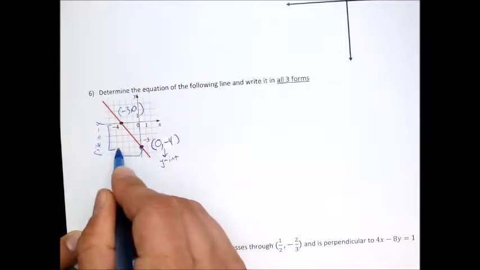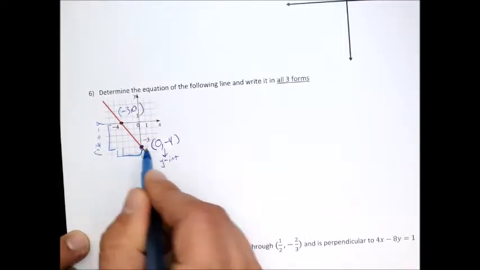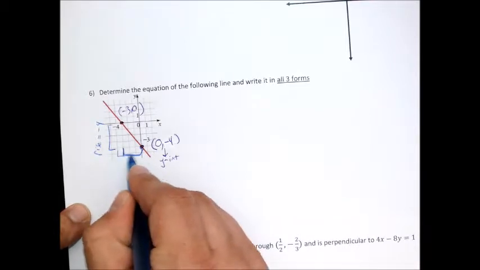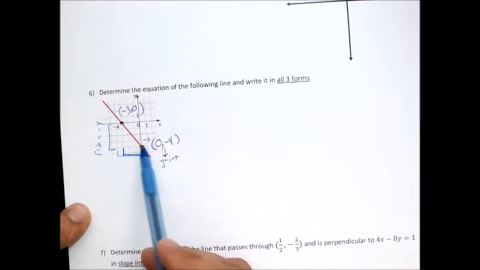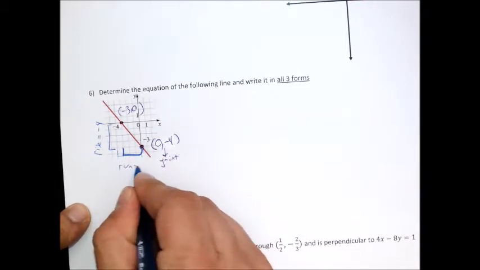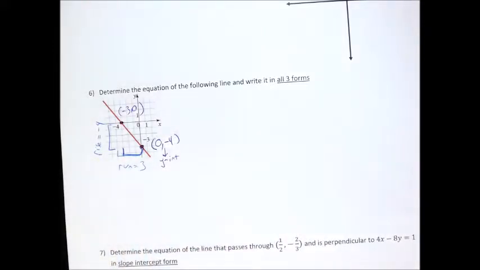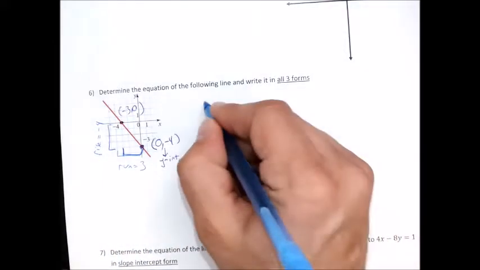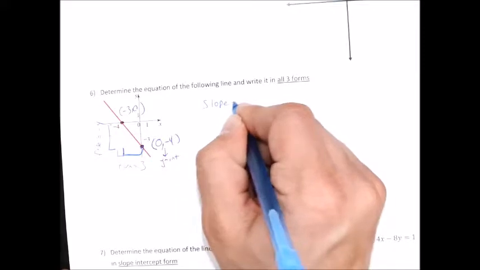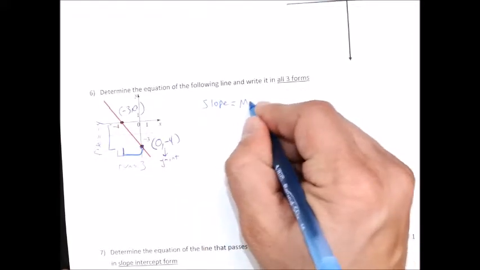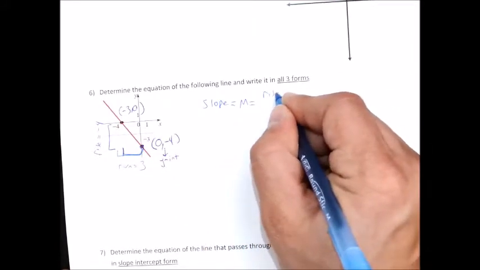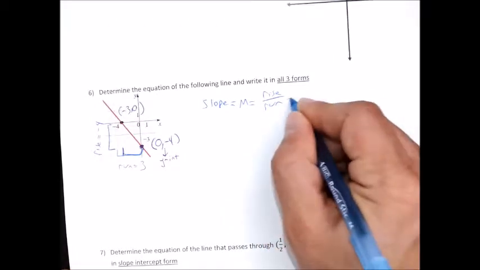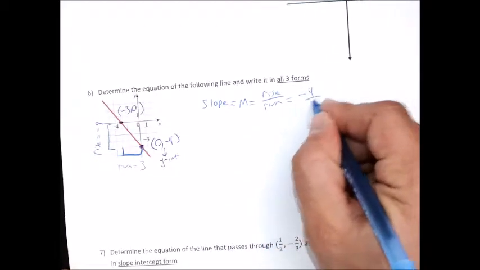That's a distance of 1, 2, 3. And so the run is positive 3. And so the slope, or the m value, is the rise over the run, which is minus 4 over 3.